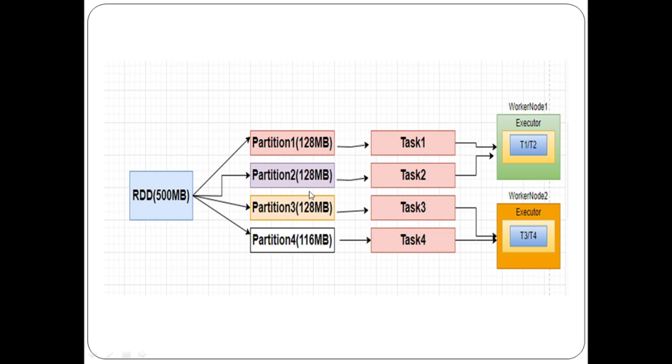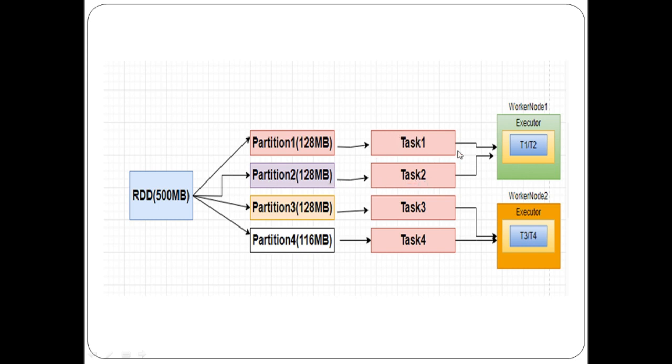Like that, it will be distributed in the cluster. And as discussed, each partition will be processed by one task, by one executor. Partition one will be executed by task one, partition two will be executed by task two.